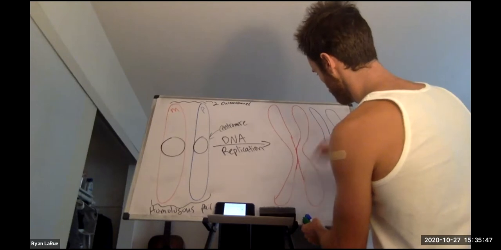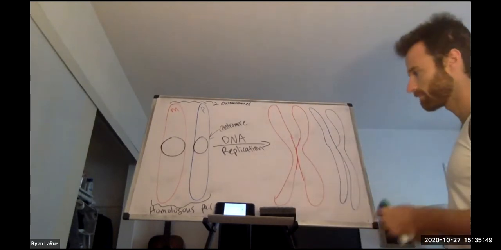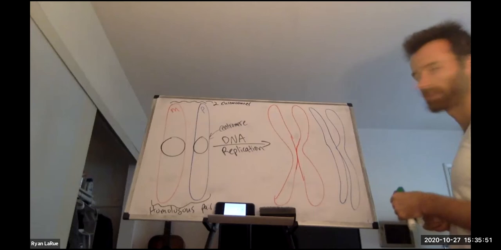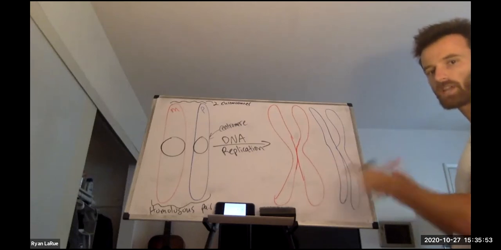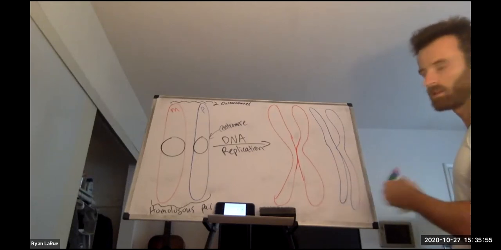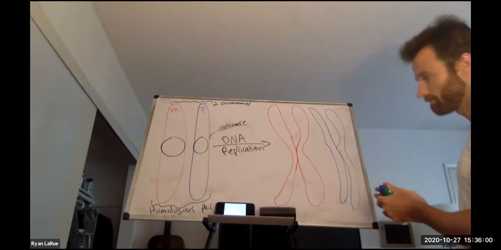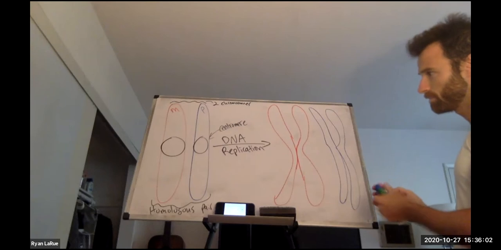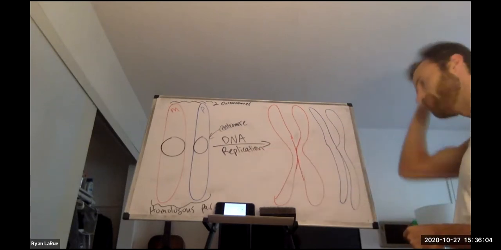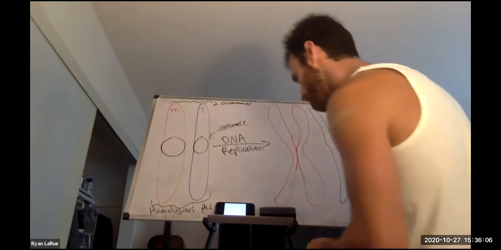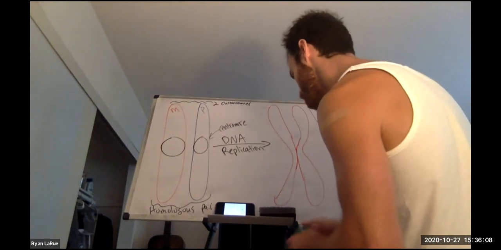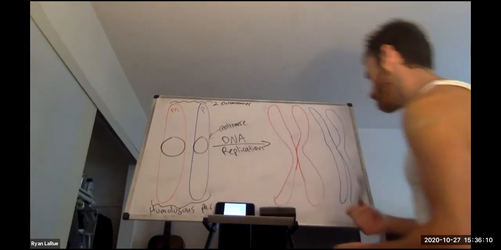They form these two X shapes. We call these double-stranded chromosomes, while those were single-stranded.